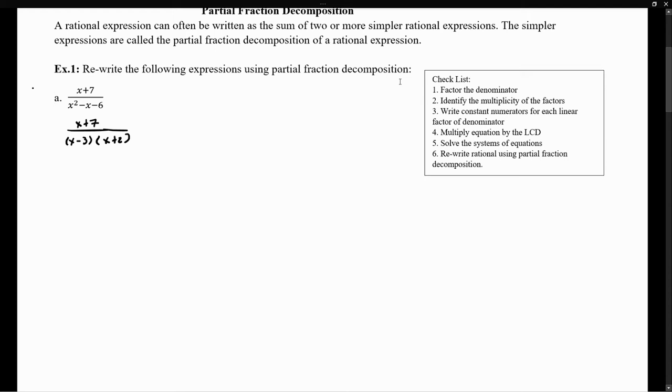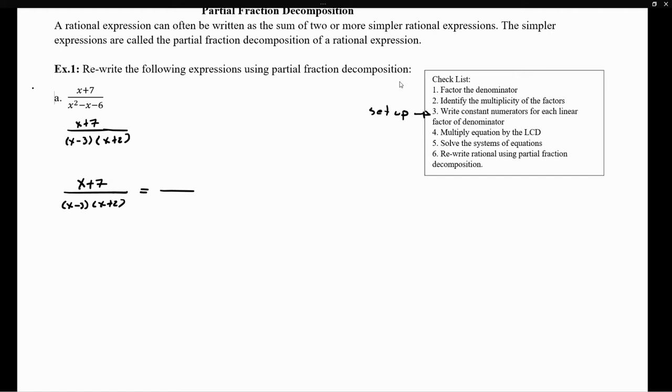For step number 3, which is what I call the setup. The setup says write constant numerators for each linear factor of the denominator. So what do we mean by that? Well, we're going to be taking the original expression and we want to write it in terms of the sum of the factors that we got originally.